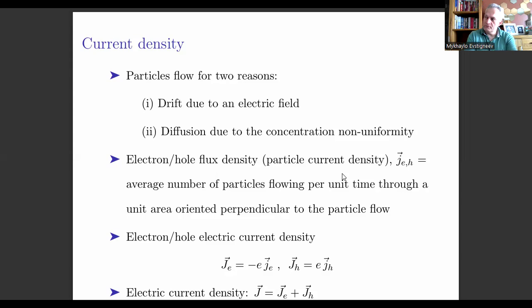Superimposed on this drift motion is the thermal motion of charge carriers, where electrons or holes move in random directions with random velocities. They undergo collisions with the crystal lattice, with the vibrations, the phonons, in the crystal lattice, and with the impurity atoms, defects, and so on.